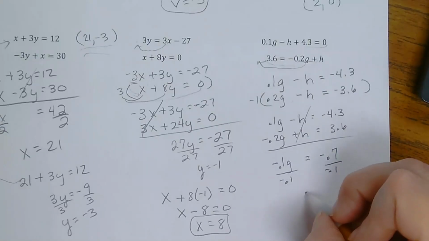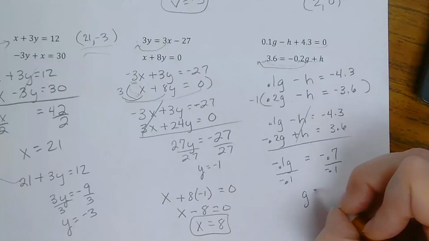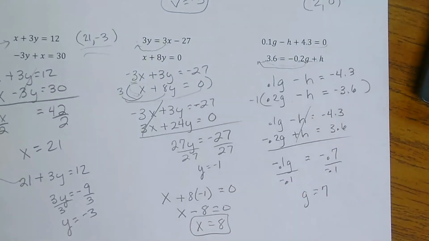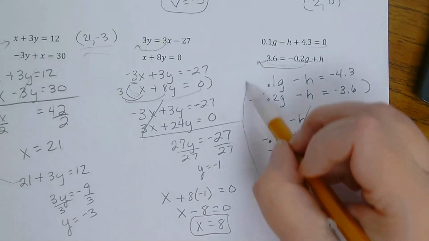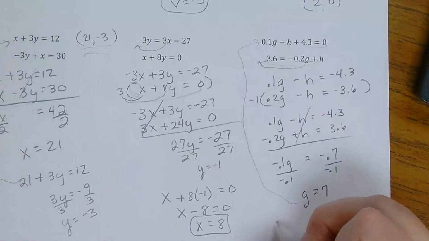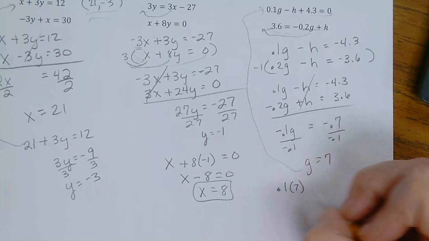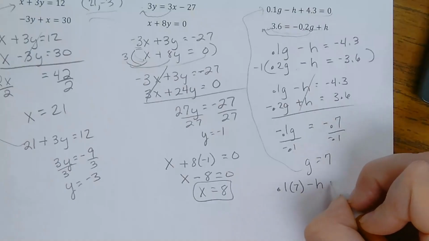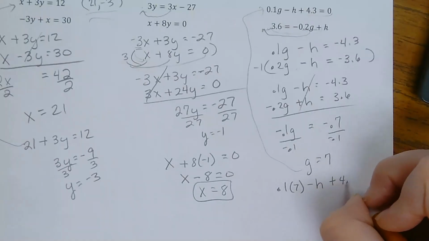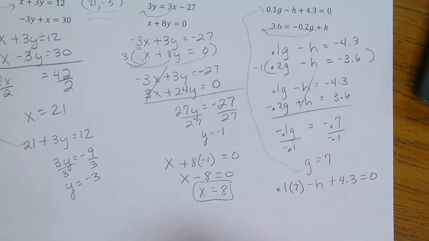and you get g equals 7. And then I'm going to go back and put that in up here. So I have 0.1g, and g is 7, minus h plus 4.3 equals 0.